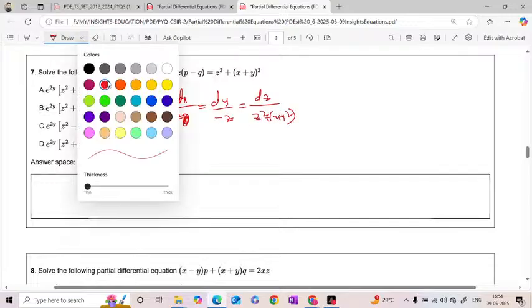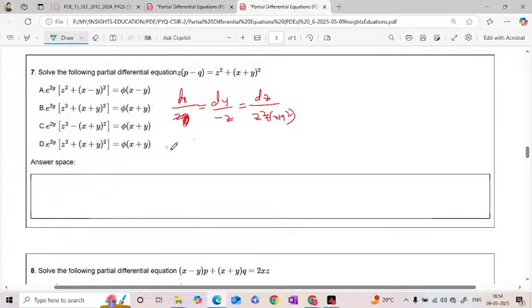From 1 and 2, what will happen? From 1 and 2, dx plus dy is equal to 0, so x plus y is the solution. Option A we can eliminate.